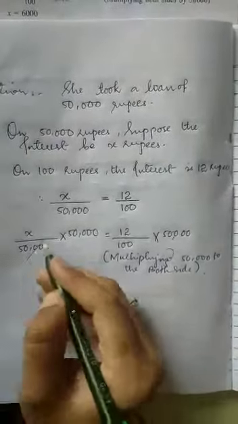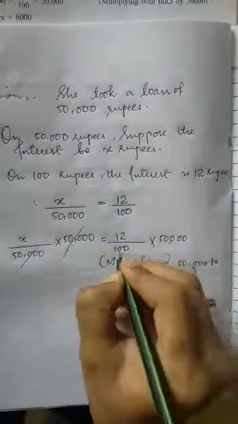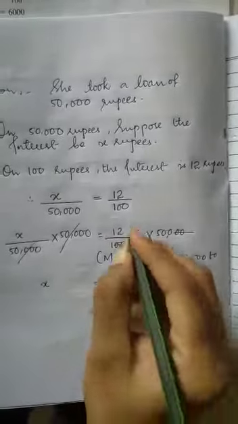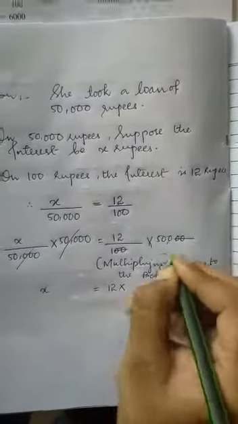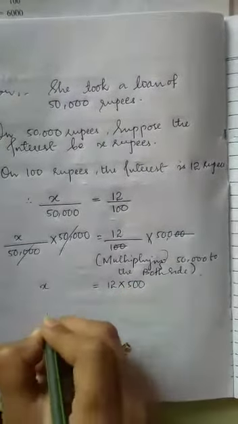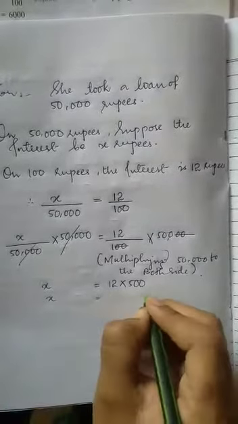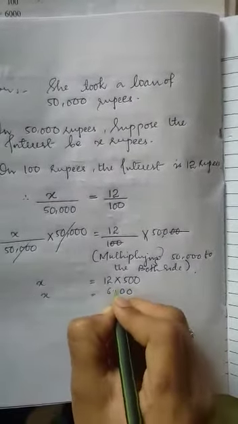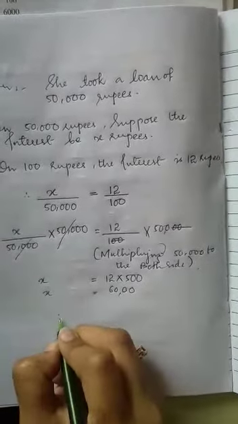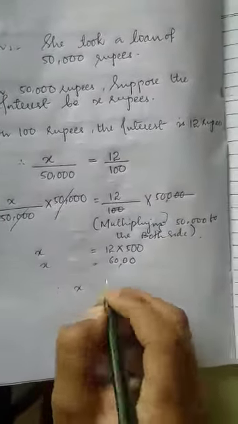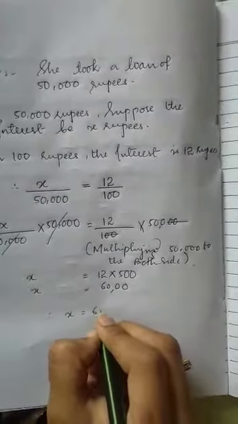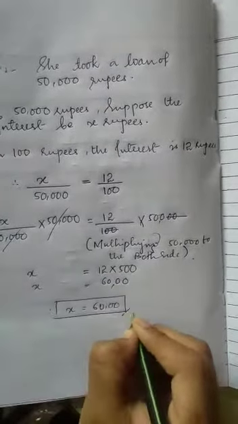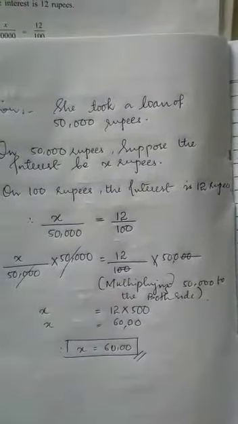Okay, it means 50,000 gets cancelled. On the right, the zeros get cancelled. What is left? X is equal to 12 multiplied by 500. 12 times 0 is 0, 12 times 0 is 0, 12 times 5 is 60. So 6,000. Therefore, X is equal to 6,000 rupees. That is the interest charge.